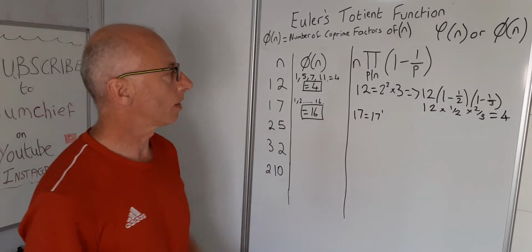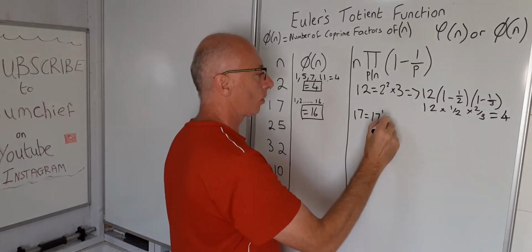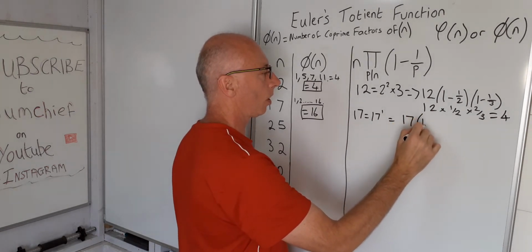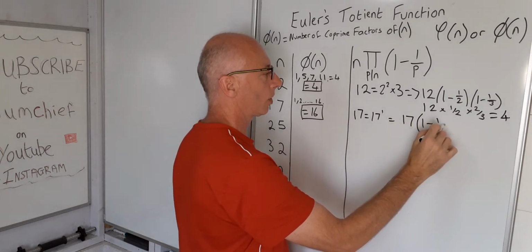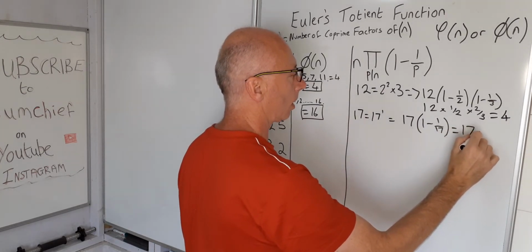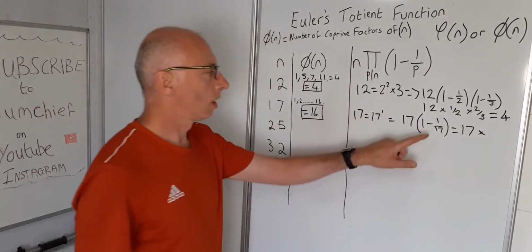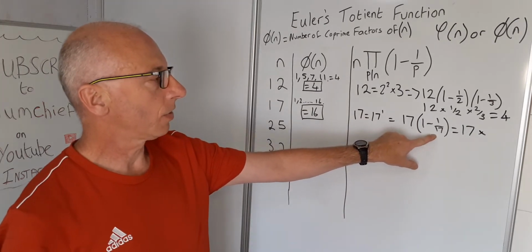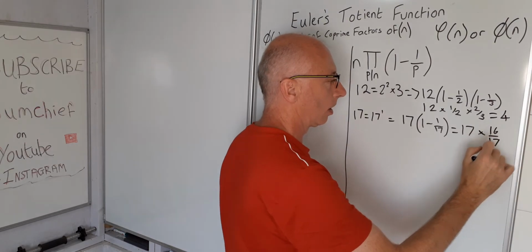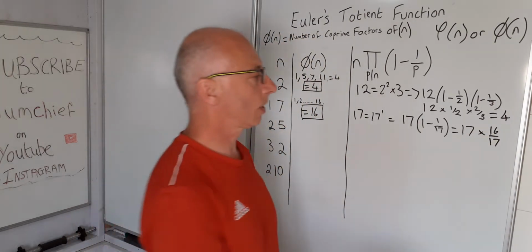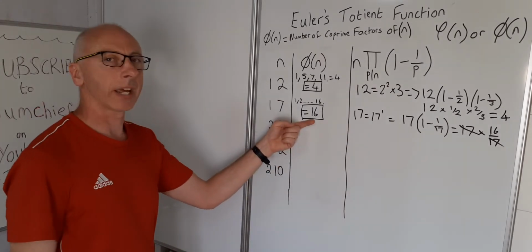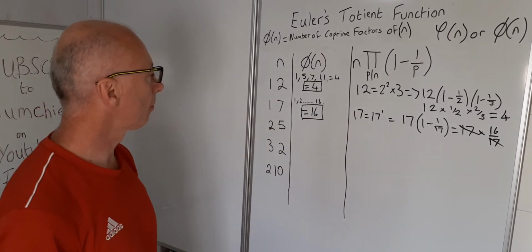Plugging that into this formula, we get 17 times 1 minus 1 over 17, and 1 minus 1 over 17 is 16 over 17. So 17 times 16 over 17 is just going to leave us with 16. So again, our method here is looking good.